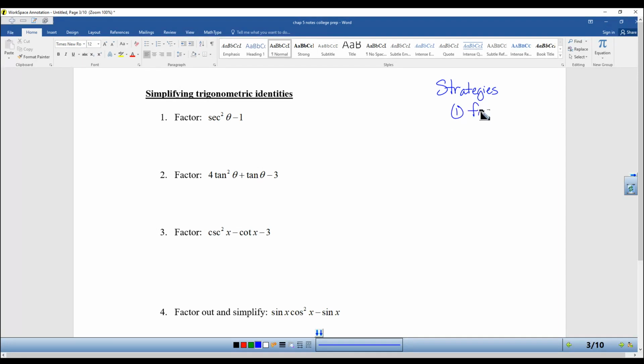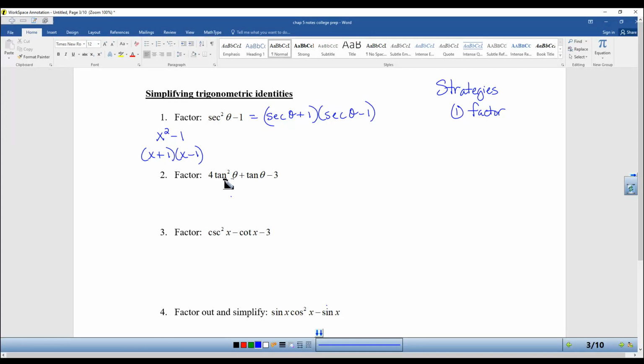The first one is being able to factor. So when I see secant squared x minus 1, you might think to yourself that it's just like x squared minus 1. If you can factor this, then you can factor secant. So this becomes secant of theta plus 1 times secant of theta minus 1.